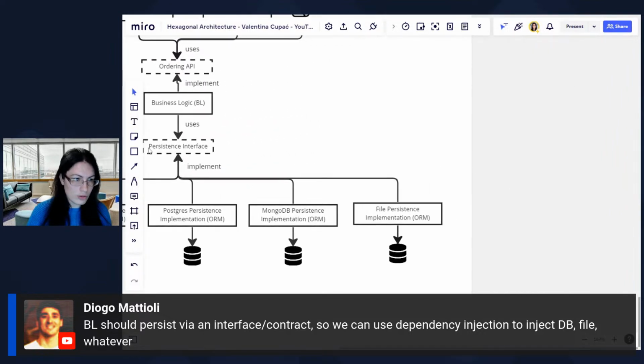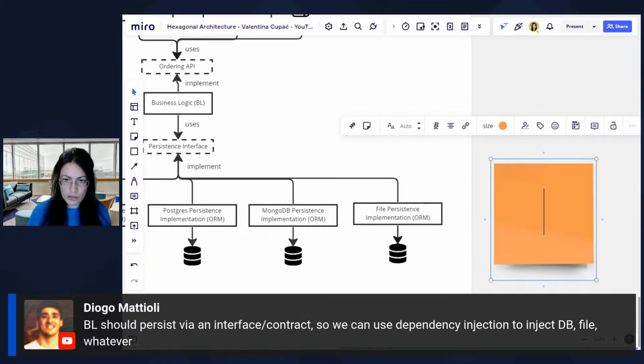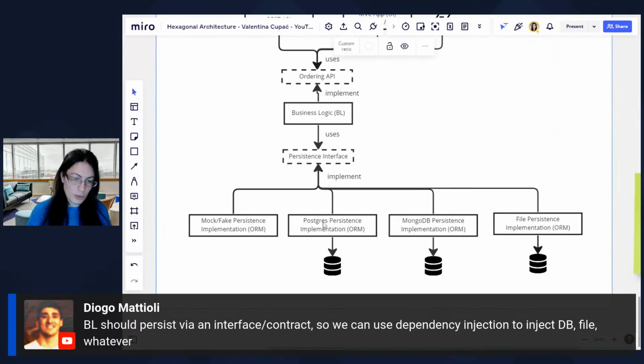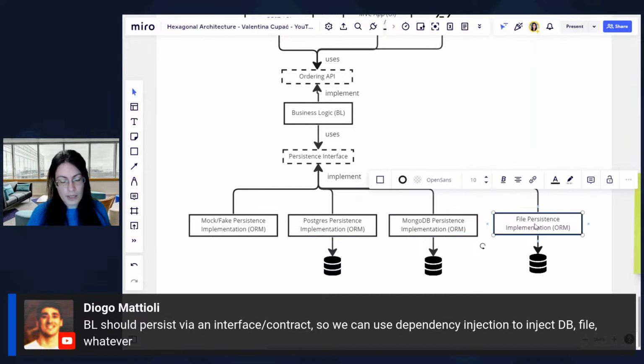So we can use dependency injection frameworks or any other mechanism to inject the persistence implementation, whichever one, and we can even configure maybe in our startup or configuration file which of the actual persistence mechanisms will be used.